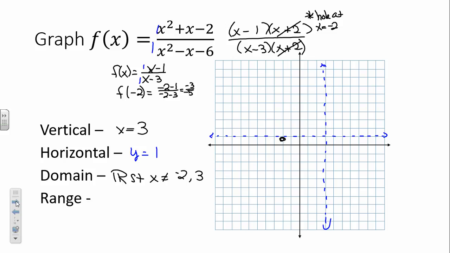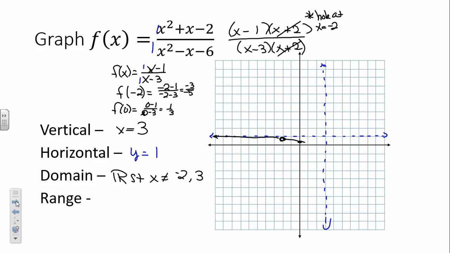Because all the x's are gone, and we get, okay, so when x is 0, y is 1/3. Can we see where this is going? Mm-hmm. So it's going to come through here and get really, really close but not touch, and do the same thing over here.